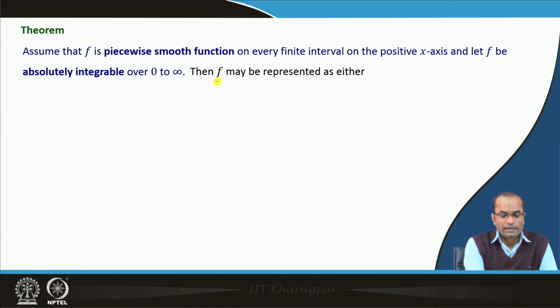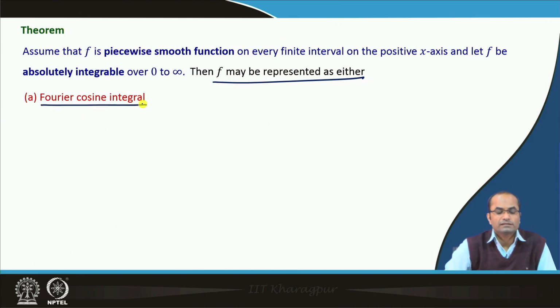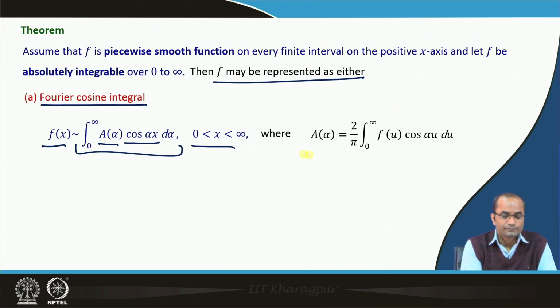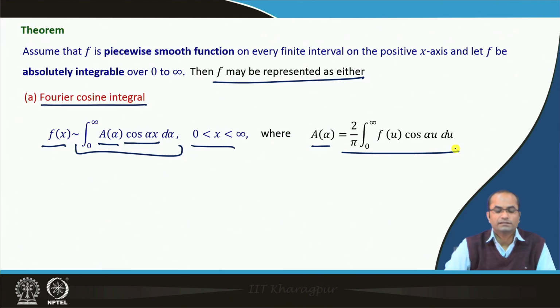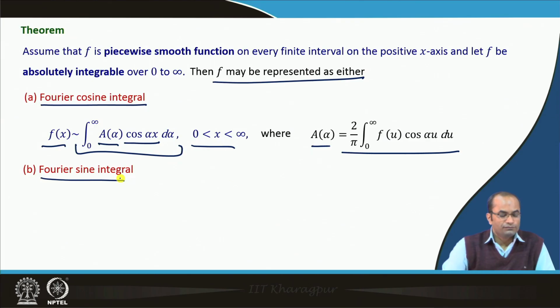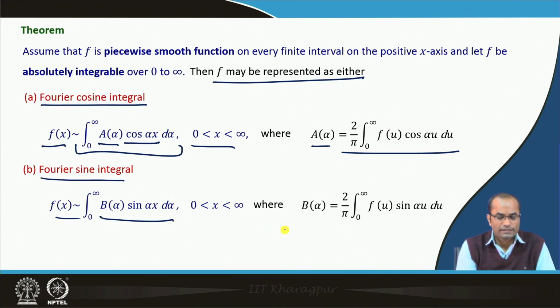Then f may be represented either by the Fourier cosine integral, that is the first possibility we have discussed, which is the integral from 0 to infinity of a alpha cos alpha x, where a alpha is given by this integral. The second possibility is the Fourier sine integral, which can be written with b alpha sine alpha x, and b alpha will be given by this coefficient, 2 over pi times the integral from 0 to infinity of f(u) sine alpha u du.